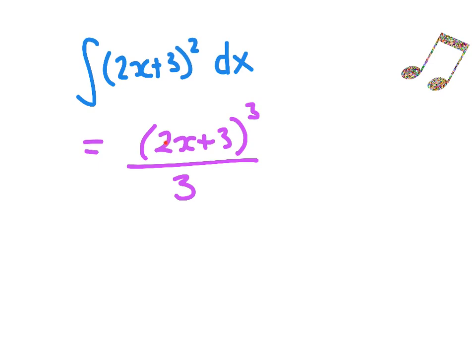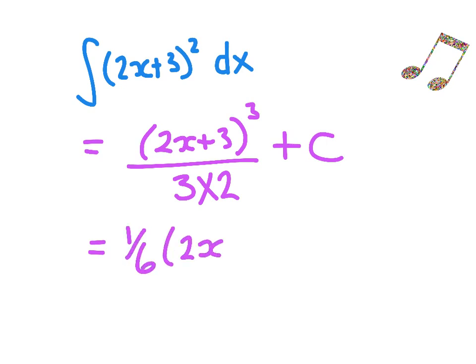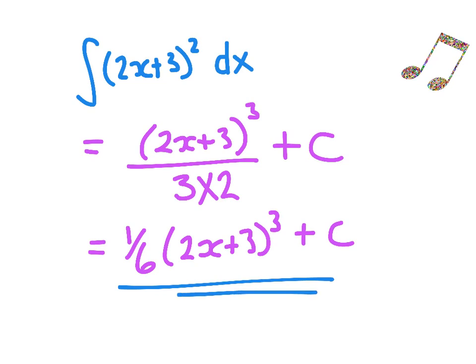So I've got 2 as the derivative of this bracket, and I want to divide by 2. Now I'm already dividing by 3, so if I divide by 3 and then divide by 2, it's the same as dividing by 6. I'm putting a plus c. And remember, I can bring this to the front, so it can be 1/6 of 2x plus 3 cubed, or you can leave the 6 underneath. Both are absolutely fine.